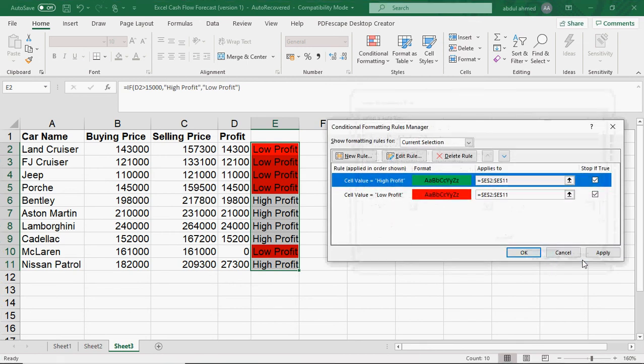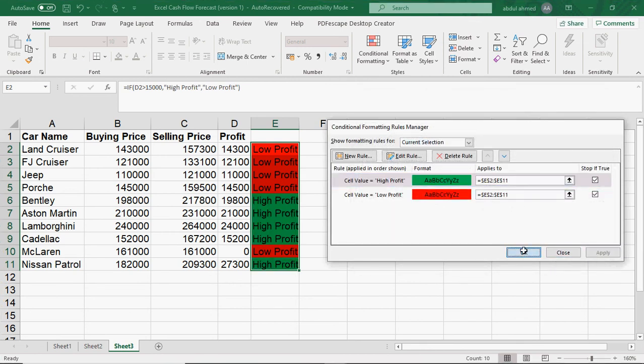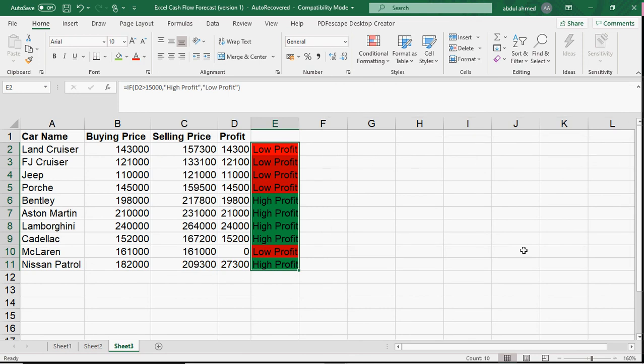And I click OK and then apply. OK. And that's how you quickly do a calculation for your selling price using percentage, a profit using formulas which we've learned, something minus something, and using an if statement and conditional formatting.